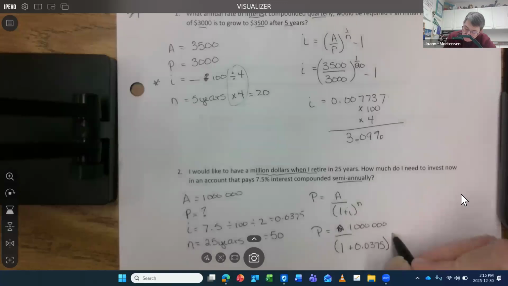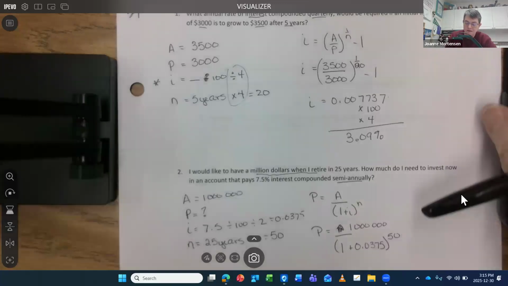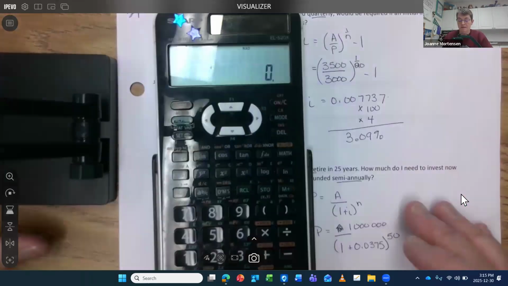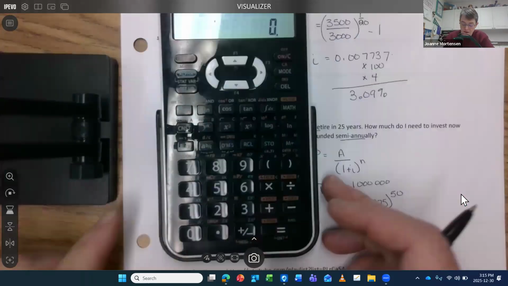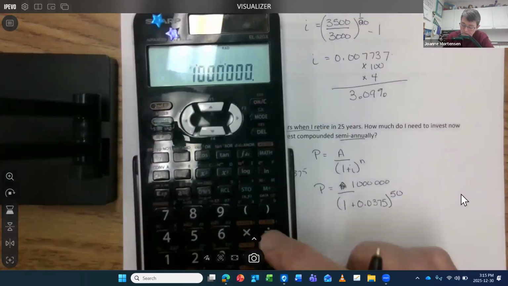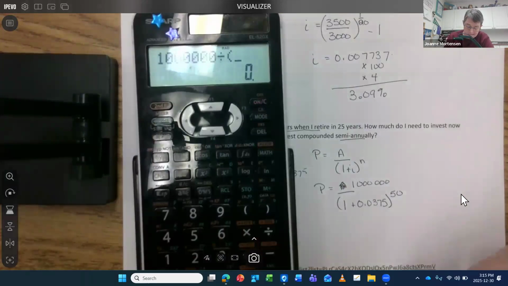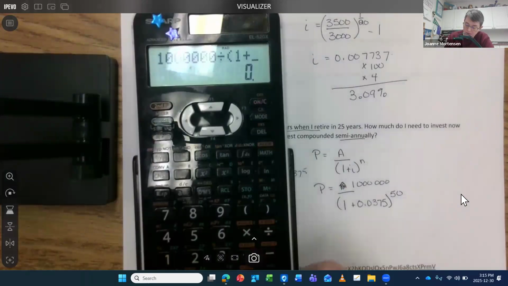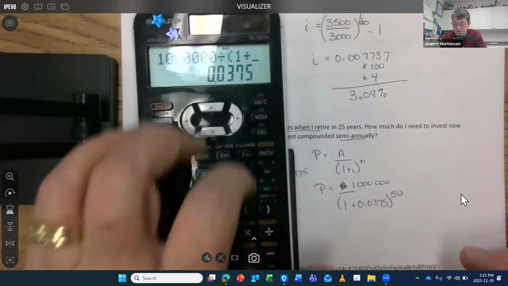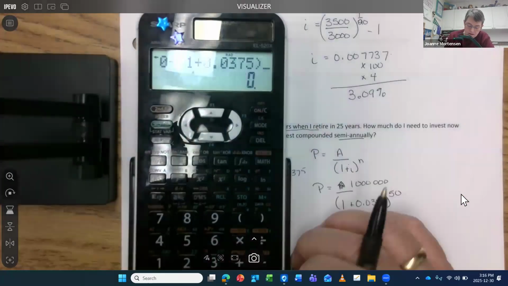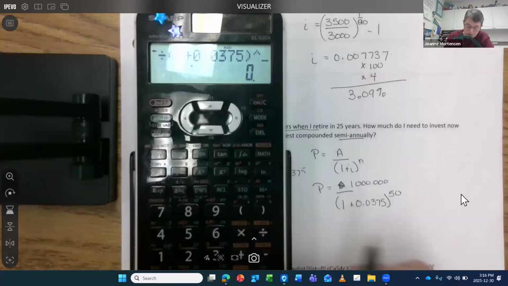And my N is 50. Now, I said I remembered the keystrokes for doing this, so we'll see how I do. 1 million divided by bracket, 1 plus 0.0375. Did I have an extra zero? Nope, just right. Close my bracket, exponent 50.